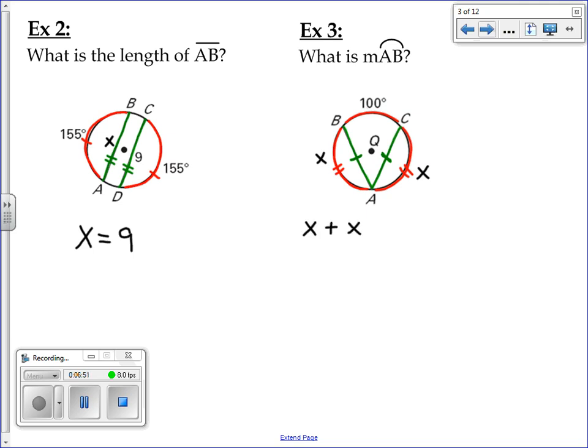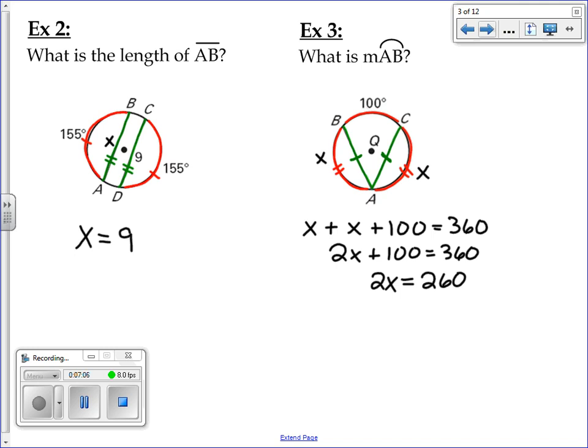So we can have x plus x plus 100 equals 360, so you'll have 2x plus 100 equals 360. Subtract the 100 to get 260, and then divide: x is 130. So each of those arcs are going to be 130 degrees.